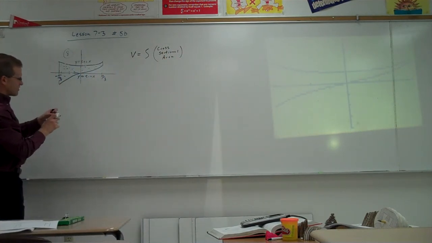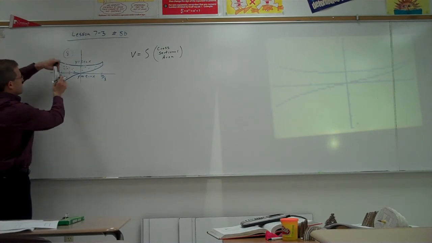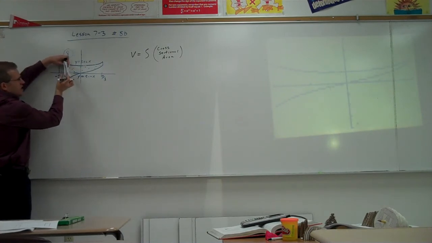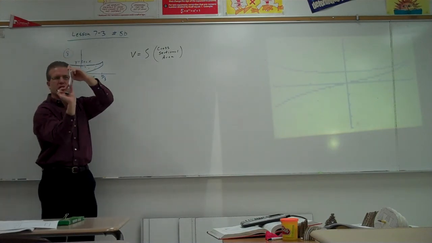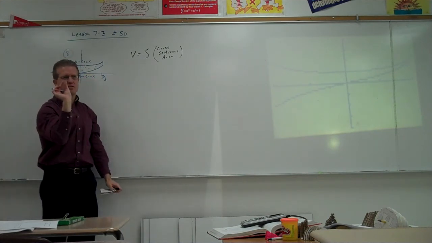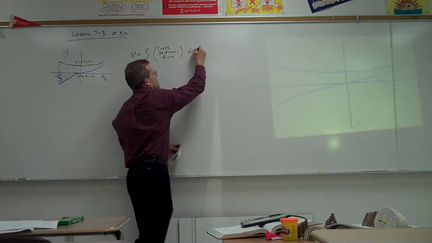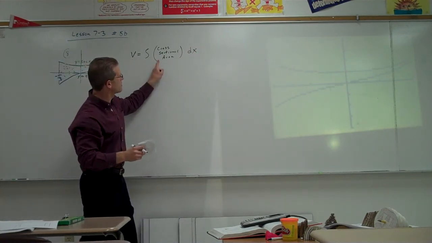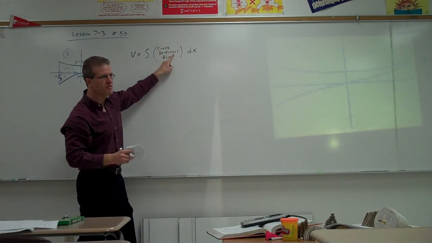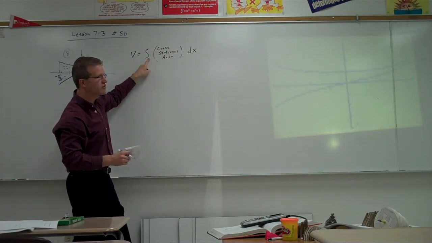Now, if these squares are coming out toward this direction, like this, then the skinny dimension of these squares is running sideways, right? It's running this way. So if it's running sideways, is that a change in x or a change in y? That's a change in x. So we're going to use a dx right here. Which means this equation has to be in terms of x. And our bounds have to also be x's.